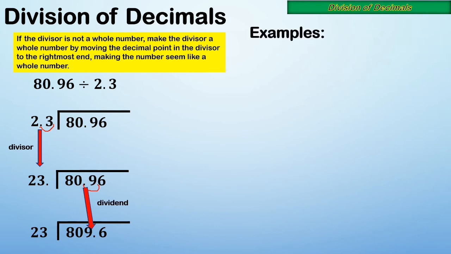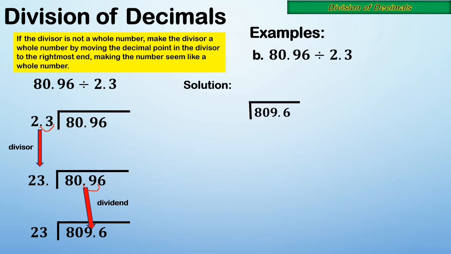And after that, we will now divide these decimals. Okay, it becomes now 809.6 divided by 23. Okay, 80 divided by 23 the answer is 3. 3 times 23, 69. Subtract, you will have 11. Then bring down 9. Divide 23, you have 5. 5 times 23, you will have 15.